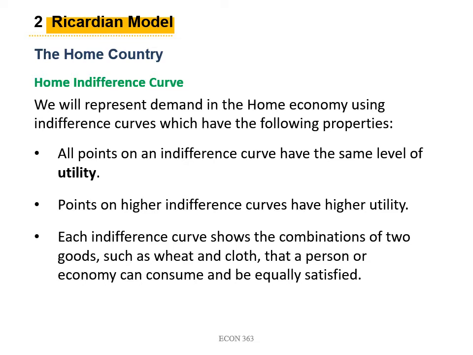This is building model stuff. You want the model to be as simple as possible, but not too simple. So what you're seeing here is that the production side of the model is very simple. The preferences side is a little bit more complicated because it's using the indifference curves.